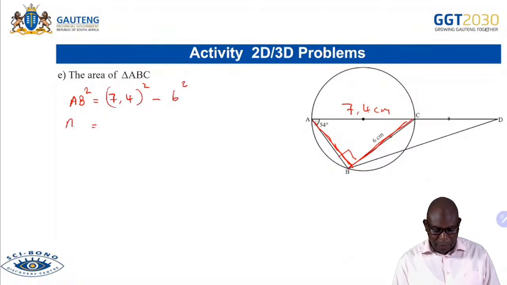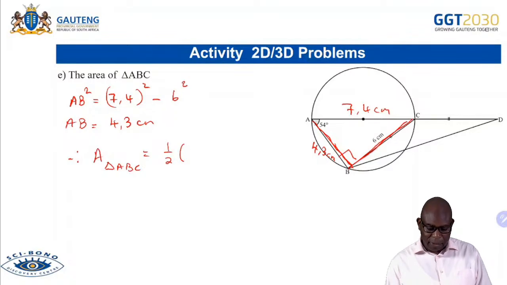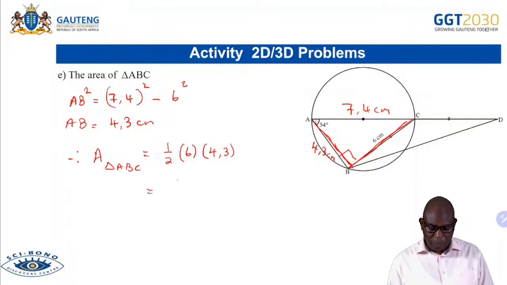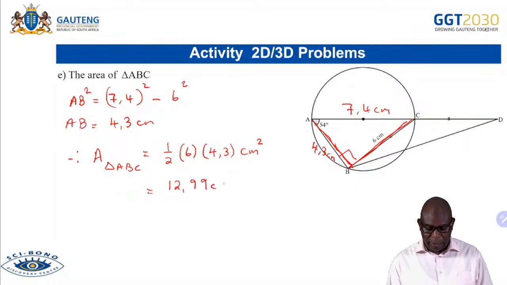So I get AB to be equal to 4.3 centimeters. If this side is 4.3 centimeters, I can then get the area of triangle ABC, which is half of the base, 6, times the height, 4.3. Remember, the unit will be centimeters squared, its area. If I multiply out, 3 times that will give me 12.99 square centimeters, which is the area.